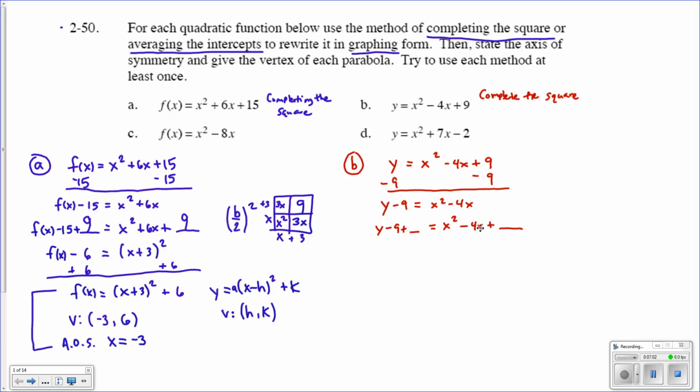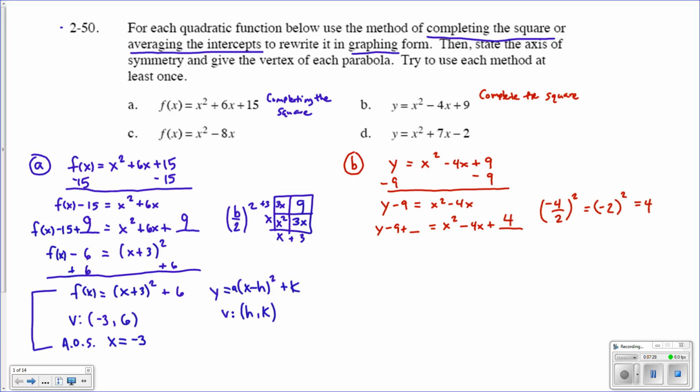So remember, again, we're going to take half of our middle term and square it. This time I'll just do the shorter method. b is -4, so we're going to take -4 divided by 2. Remember, that came from this number right here. And then we're going to square it. So -4 divided by 2 is -2, and -2 squared is going to give us +4.